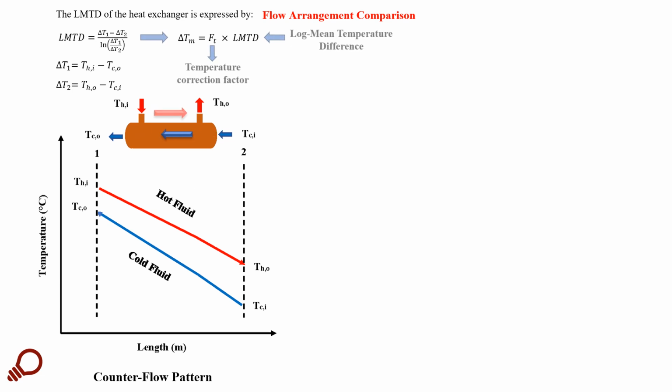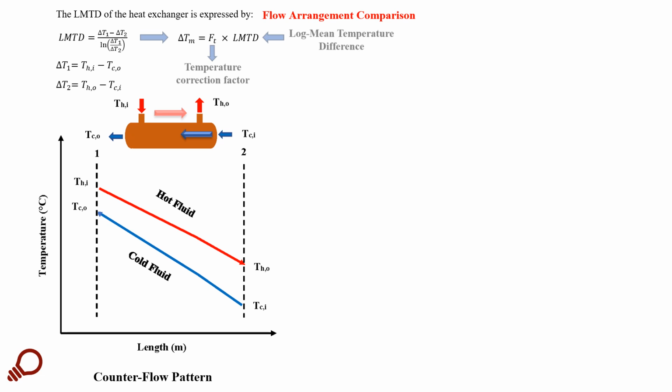F sub T represents the temperature correction factor, which is presented in graphical and mathematical expressions in the literature. And LMTD represents the log mean temperature difference.